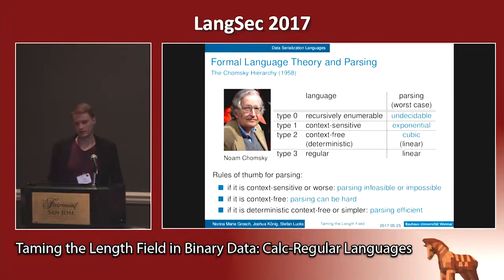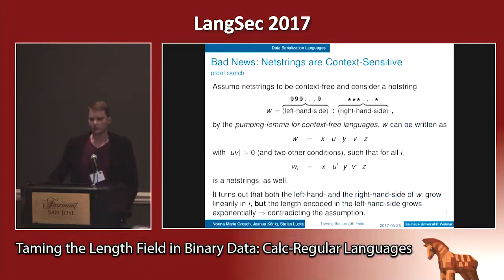We have recursively enumerable, context-sensitive, context-free, and regular languages, but only context-free and regular languages are of practical use, since the other ones can't be parsed in reasonable time. The bad news is net strings and length prefix languages are context sensitive.